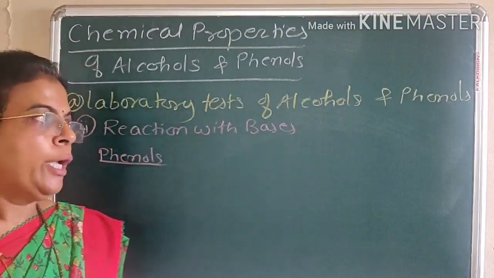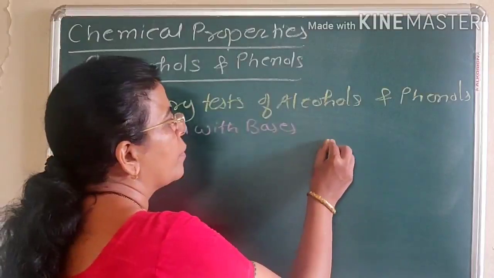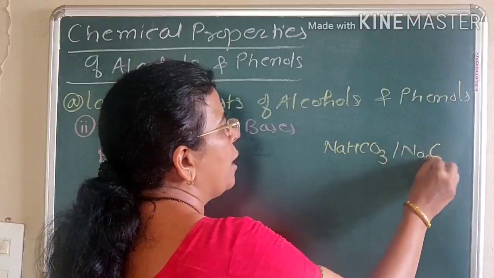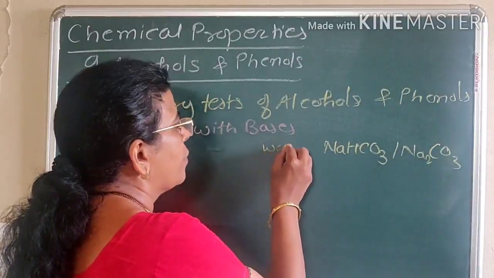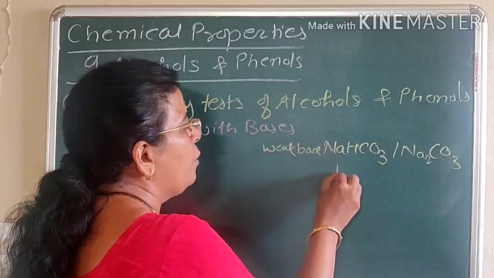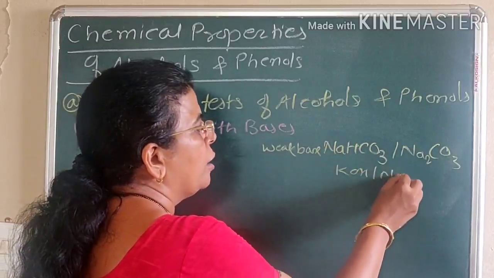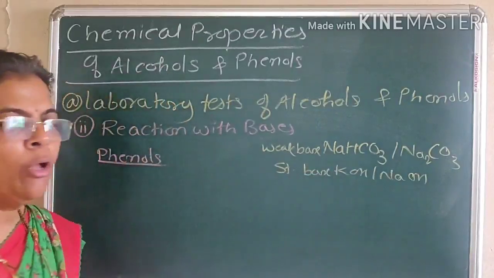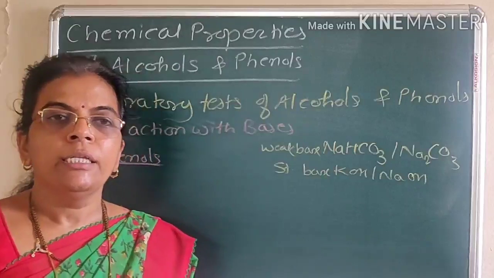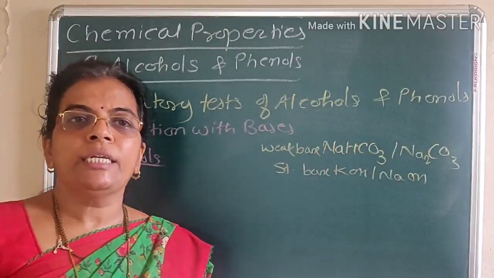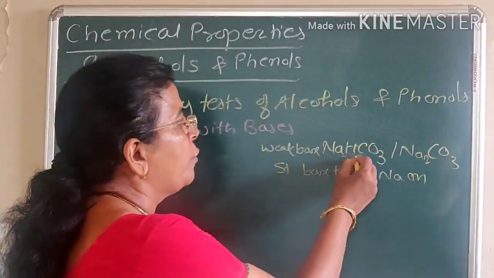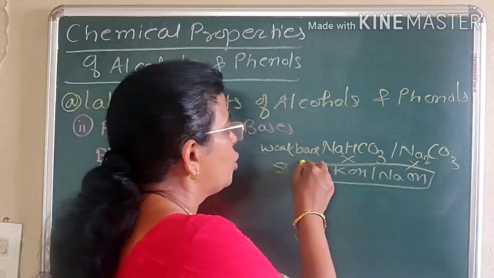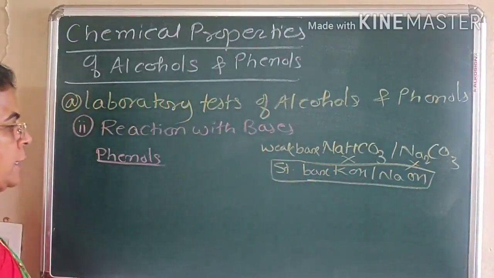But here NaHCO3, that is sodium bicarbonate, and Na2CO3 are weak bases, and KOH and NaOH are strong bases. Now these phenols are weak acids, that is they are weakly acidic in nature. Therefore they do not react with weak bases, but they easily react with strong bases like this.